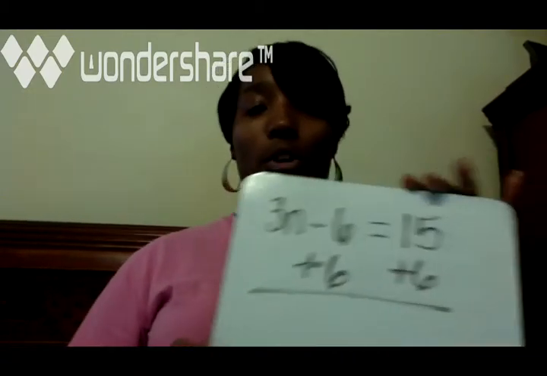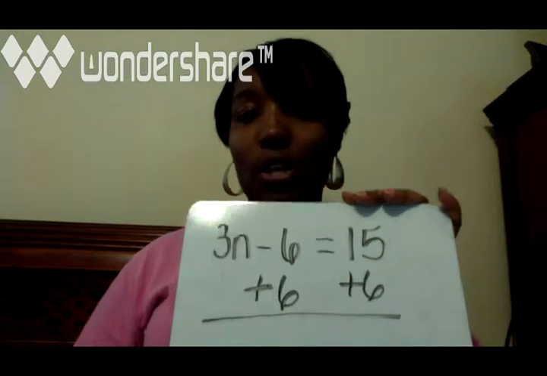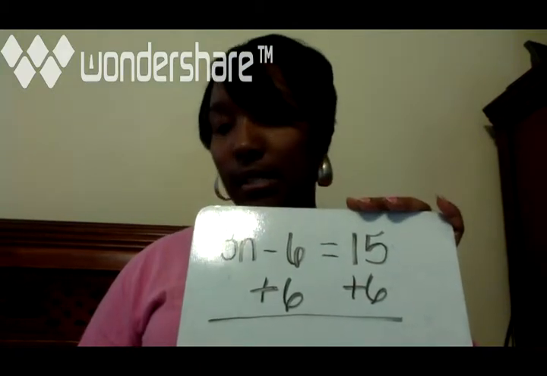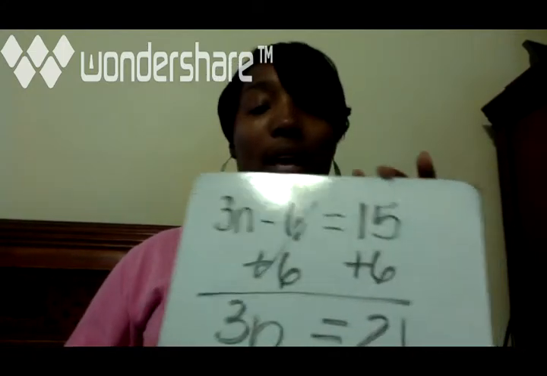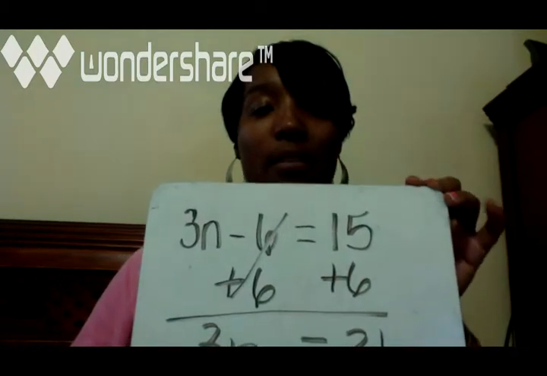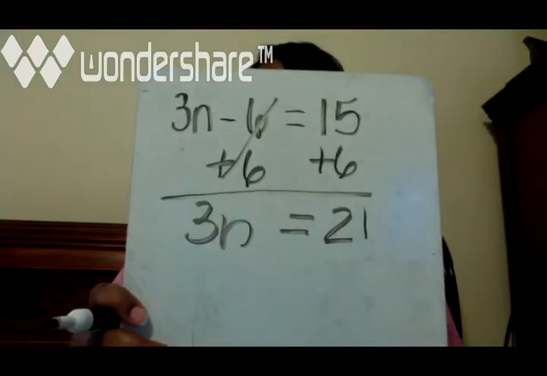When you're showing your work, it should look like this. 15 plus 6 is 21. Negative 6 plus a positive 6 will give me 0, and I'm left with just 3n.